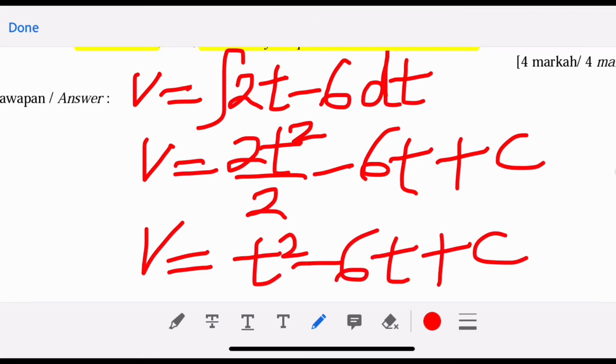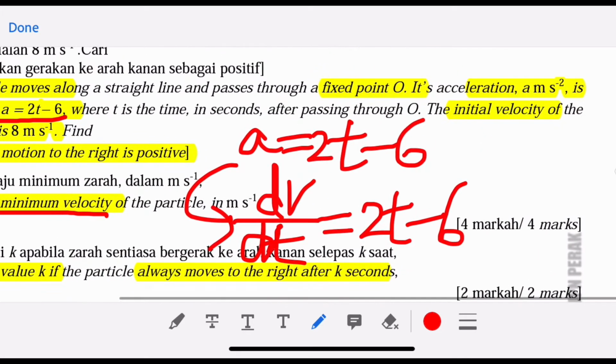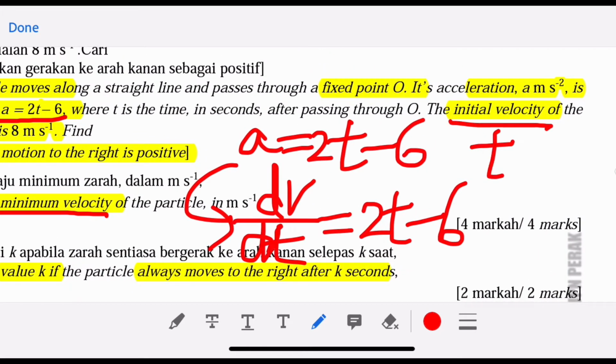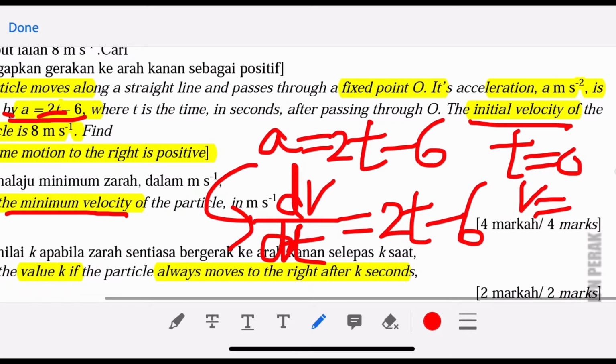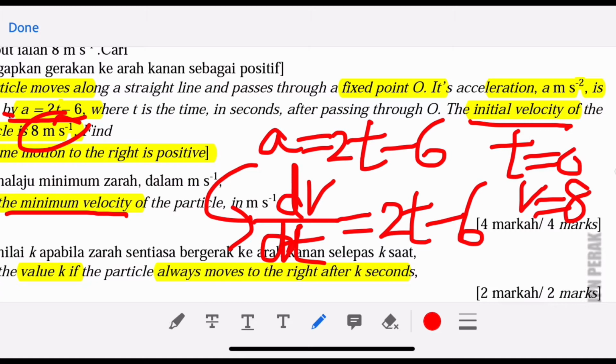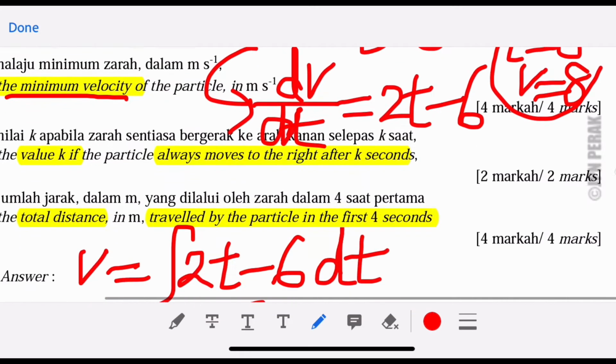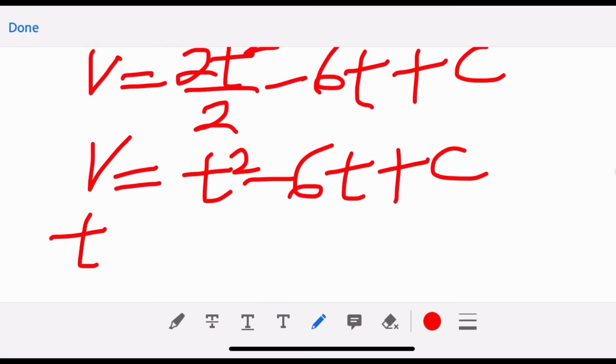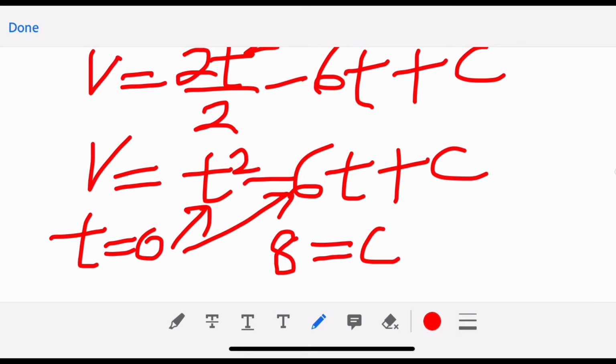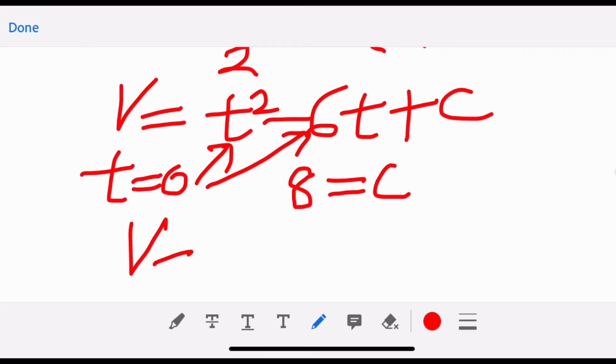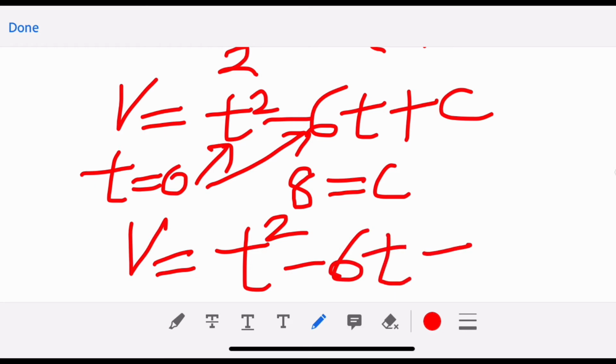Now, according to the question, initially when t is 0, the particle has the velocity 8 meters per second. Don't overlook this one. That means when t is 0, if you substitute t = 0, the velocity is 8, equal to c. So hence, let's rewrite the velocity function in terms of t: v = t squared minus 6t plus 8.